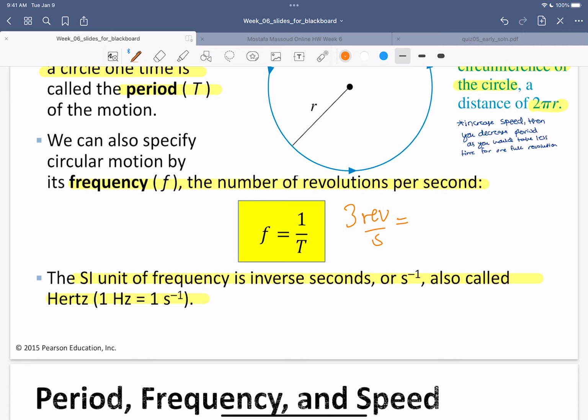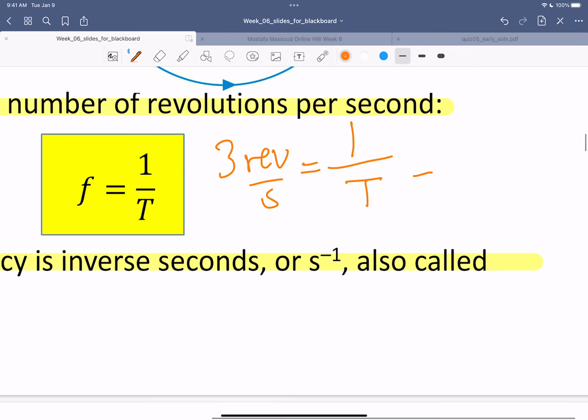Sorry. If I was trying to figure out how long it's going to take me to travel around the circle once, then I'm calculating for my period, so I multiply it over, and I get period is equal to 1/3, right? So it might take me 0.3333 seconds to travel once around the circle.